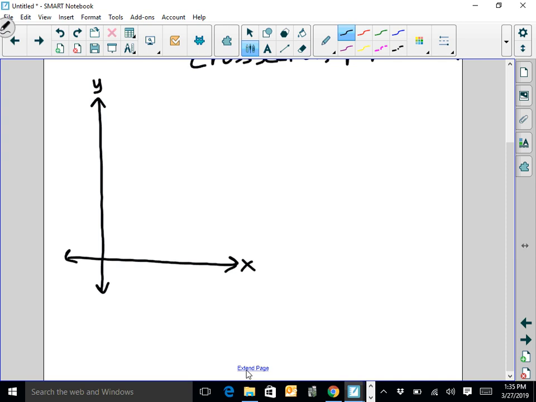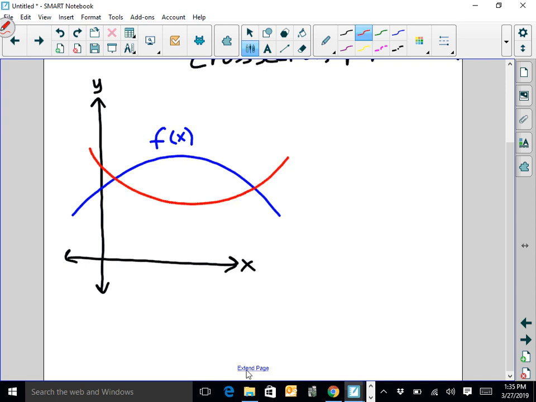We have a function f of x, and we have a function g of x.